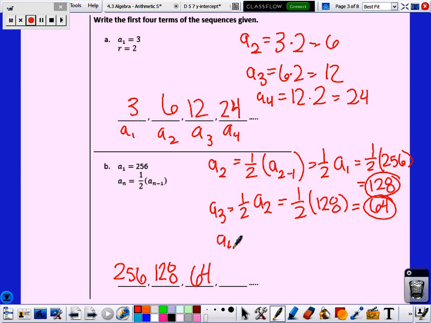And for the last term, a sub 4 is 1/2 of a sub 3, the term that came before a sub 4, which is 1/2 of 64, which is 32. Okay, so we used a rule now to find the first 4 terms of the sequence. Hopefully we're okay with that, because we are going to move on to example 2.